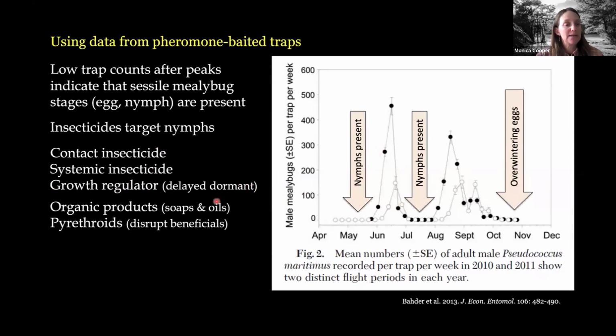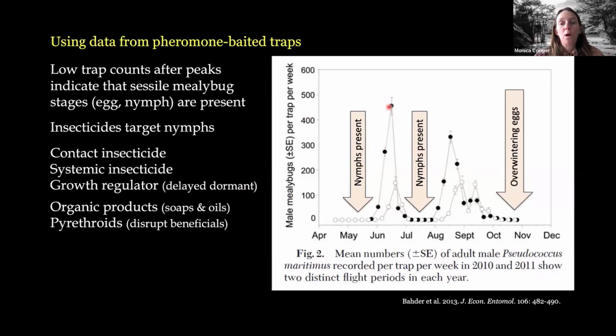And then the systemic insecticides, so it takes a little bit of time between when those insecticides are applied, either to the leaves or taken up by the roots through an application through the drip system.